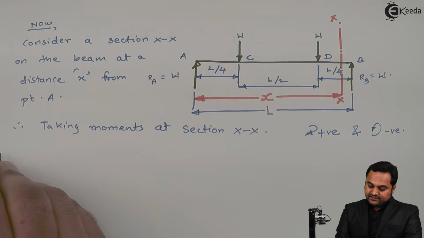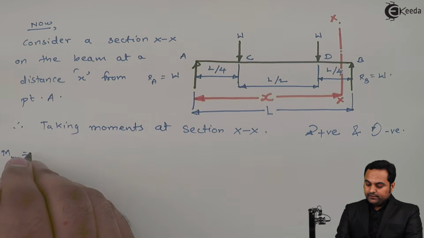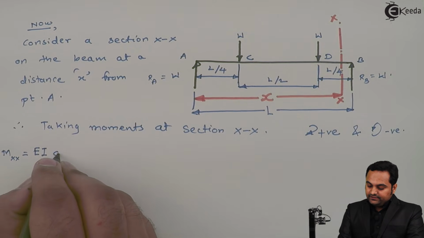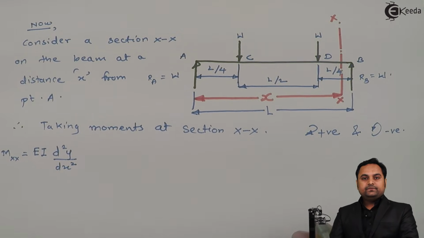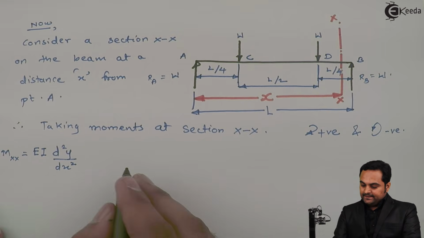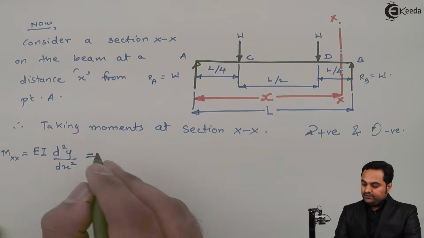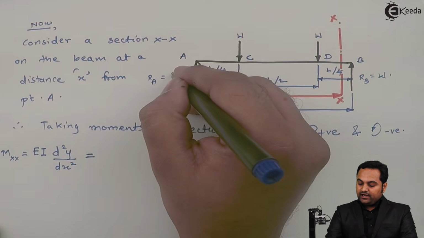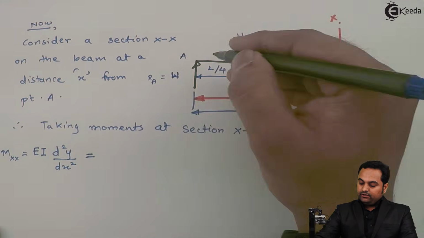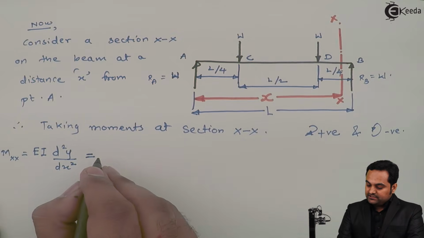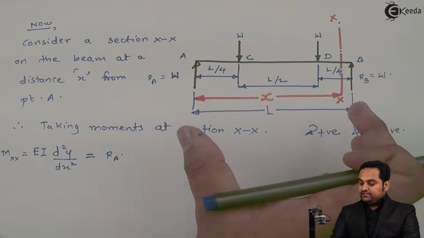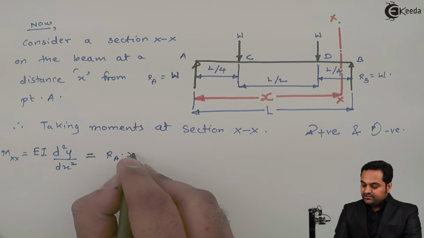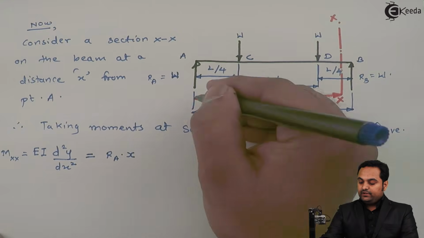So taking moments at XX, that would be called as M suffix XX is equal to, it is given by EI d square y by dx square. That is the equation of the moment, is equal to, now I'll take the moment at the section starting with RA. First we have RA. Now this produces a clockwise moment, so plus RA into the distance x. So the moment is RA into x.